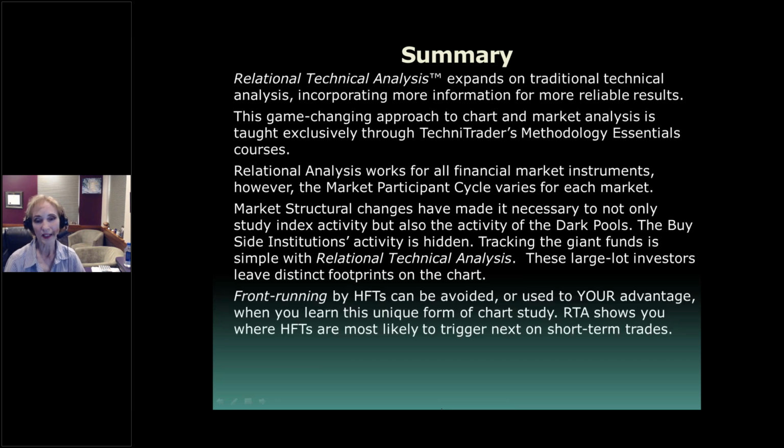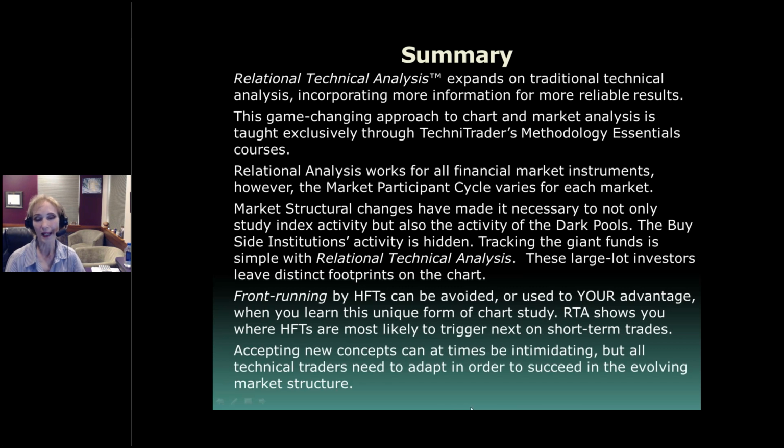Front running by HFTs can be avoided or used to your advantage when you learn this unique form of chart study. RTA shows you where HFTs are most likely to trigger next on short-term trades. Accepting newer concepts can at times be intimidating, but all technical traders need to adapt in order to succeed in the evolving market structure, or you'll continually have losses.